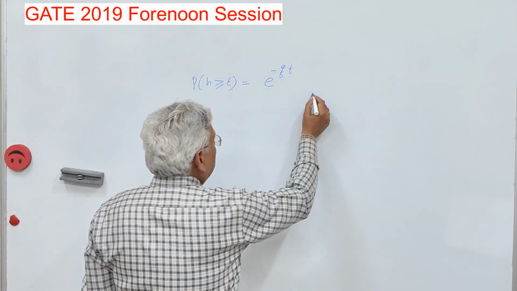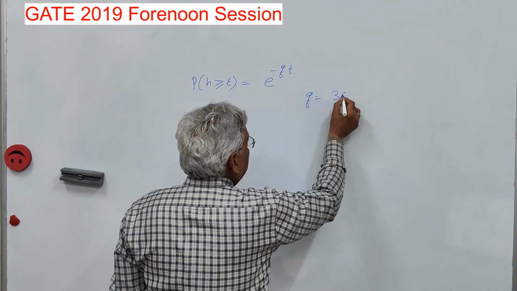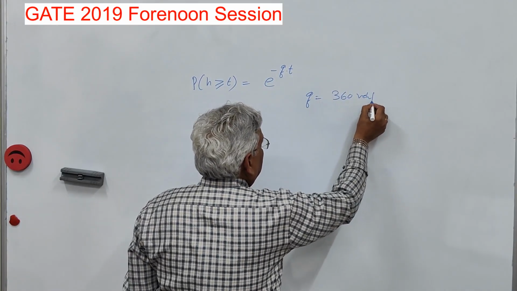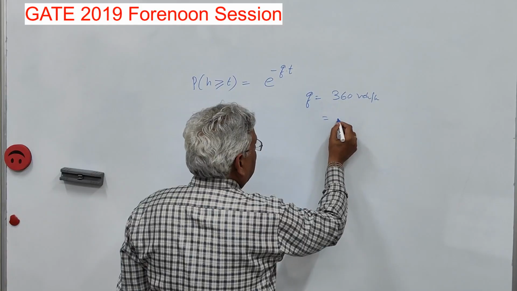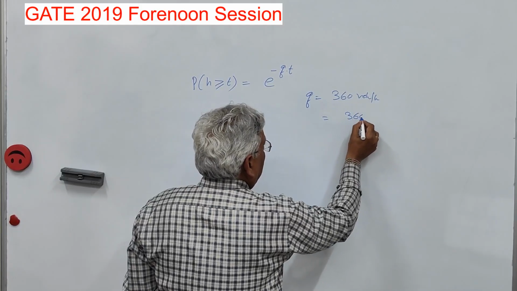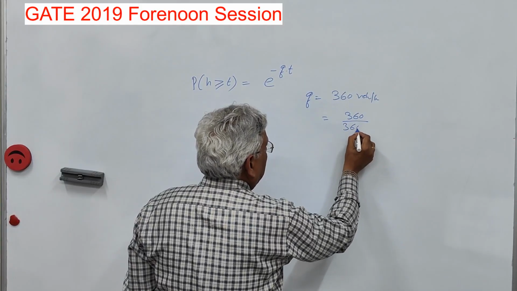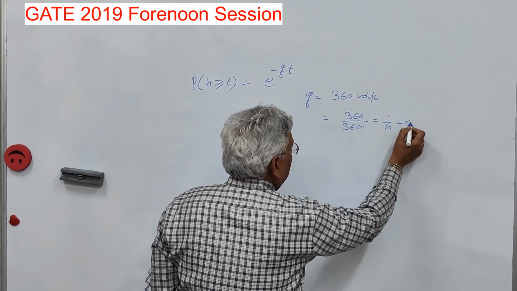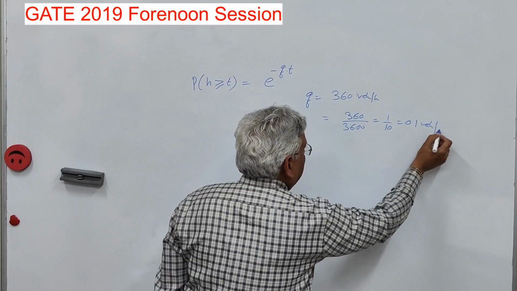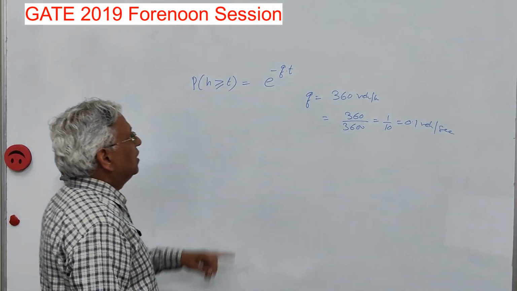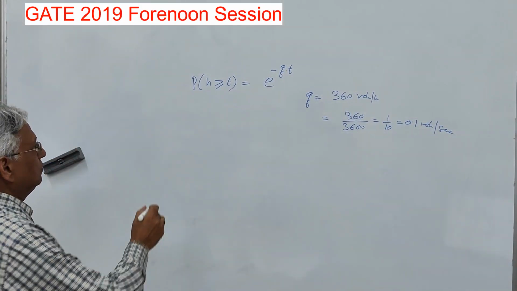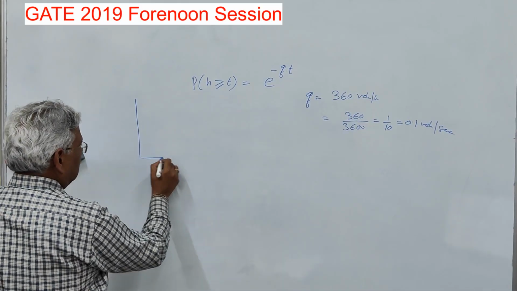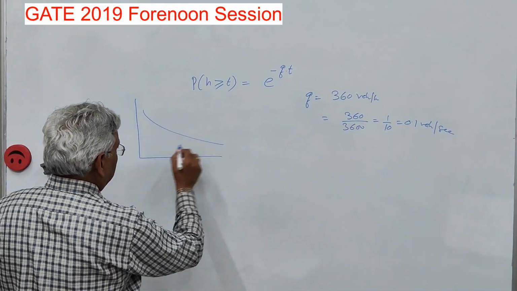Now here, q is 360 vehicles per hour, or 360 upon 3600 seconds in an hour, that is 1 by 10 or 0.1 vehicle per second. Now this probability distribution follows this kind of CDF.